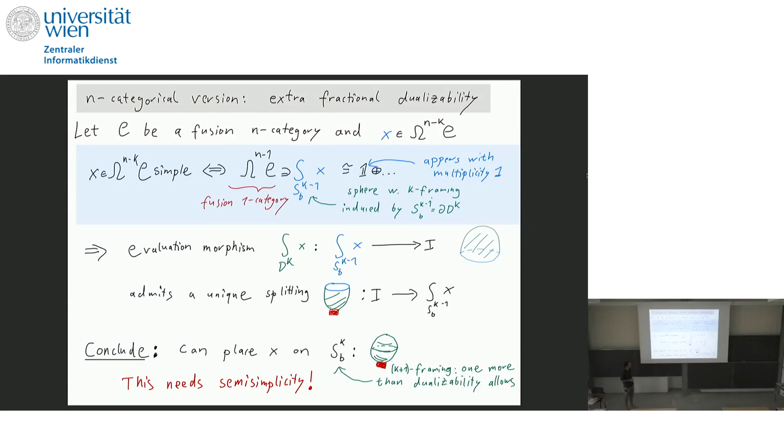Otherwise, just think of I'm doing some black magic here which uses semisimplicity, which allows me to evaluate objects on spheres, which is something a priori I couldn't do if the sphere wasn't framed. That's the idea. And this really needs semisimplicity, because otherwise, again, you can only do it if the sphere is framed. This question, yes.